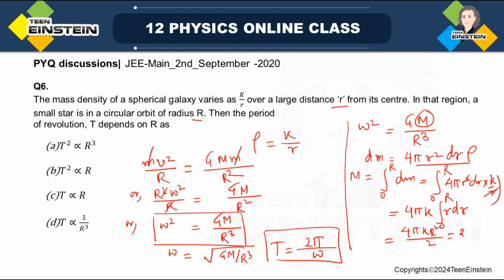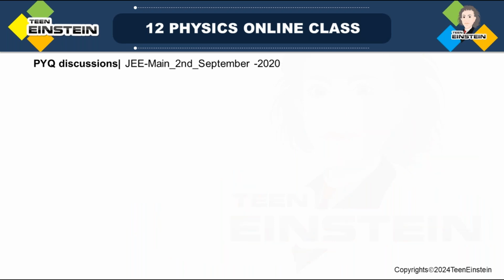So I'll get 4 pi k capital R square by 2. That means you get 2 pi k R square. This is the mass. Now look, if I put it here, omega square is equal to GM by r cube, right?